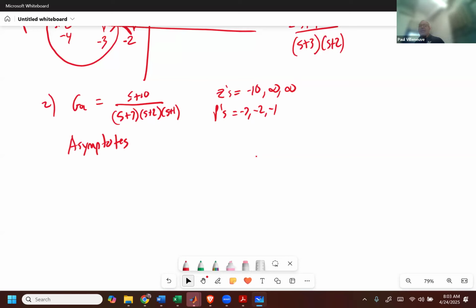Remember that r is n minus m, the order of the denominator minus the order of the numerator, which is going to give me 2. So my first theta is 2 times my first r, because r starts at 0, 1, 2, etc.